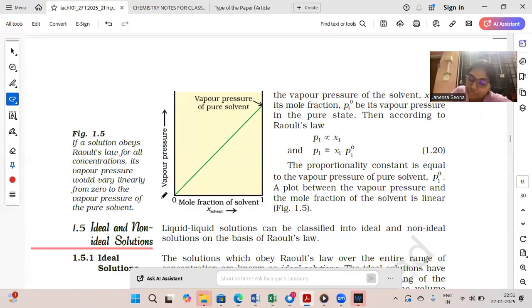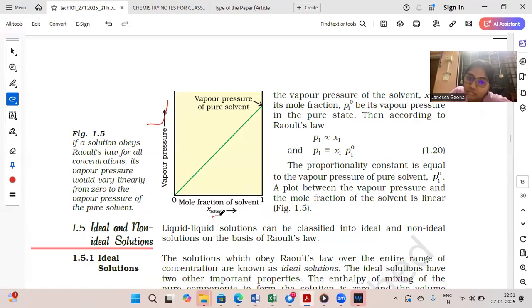And then this is vapor pressure, and this is mole fraction of the solvent. As I told you, when you increase the mole fraction, you see a linear increase in the vapor pressure, and this is the vapor pressure of the pure solvent, and it always passes through origin. And P1 is proportional to X1.